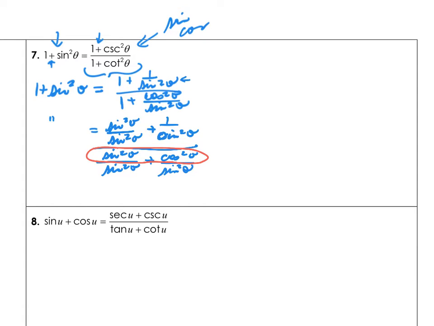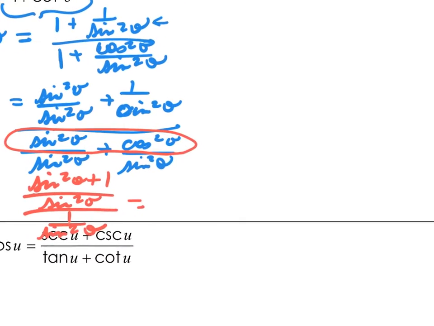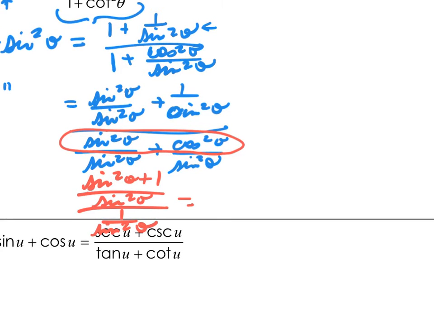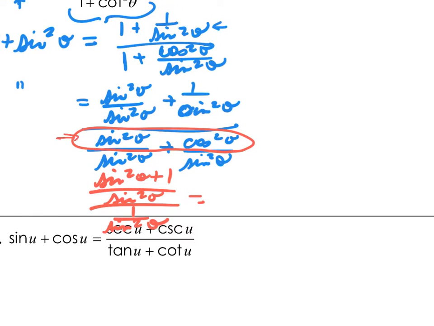So I could go ahead and simplify a little bit to sine squared of theta plus 1 over sine squared of theta all over 1 over sine squared of theta. Sorry, I ran into that problem with the bottom. I just subbed in a 1 for all of that.